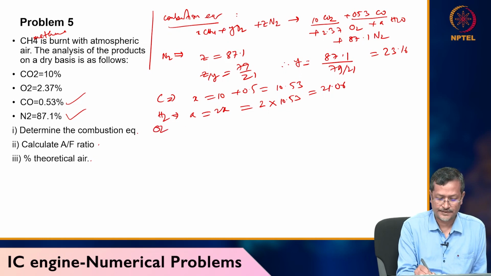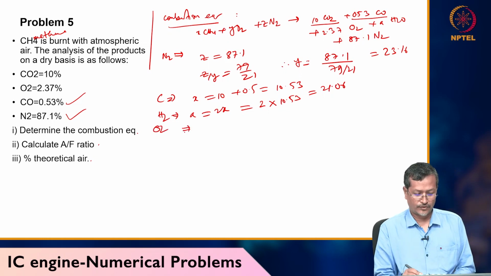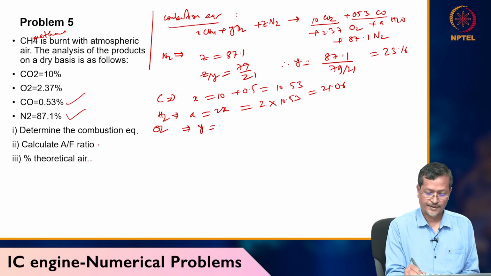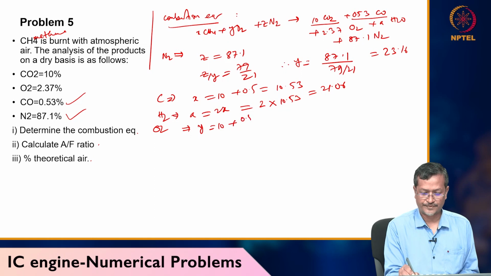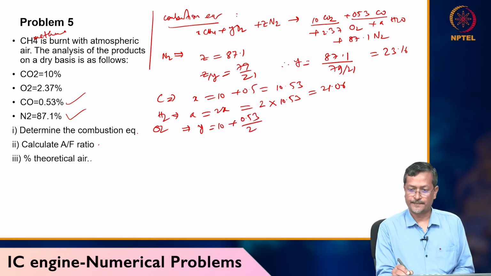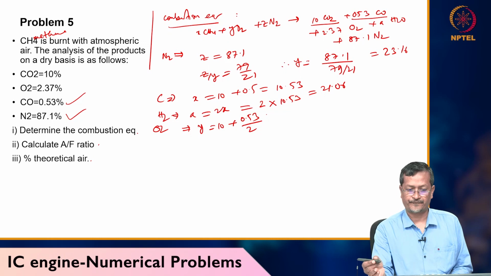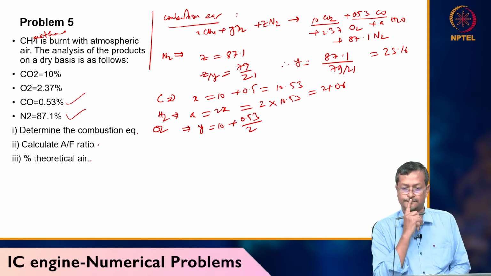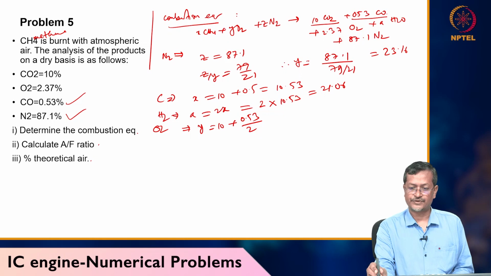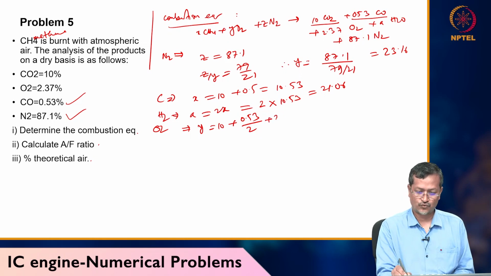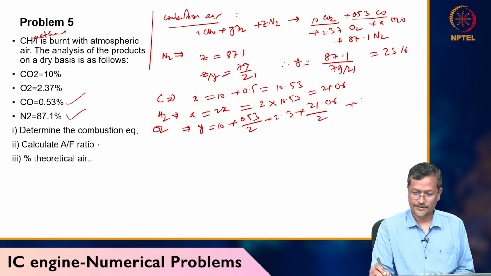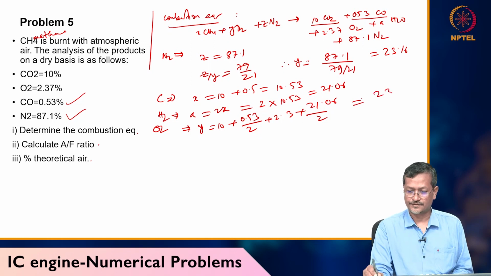Now the oxygen balance. All the unknown coefficients have been solved for, and now you have to balance oxygen. Y equals 10 plus 0.53 divided by 2 plus 2.37 plus 21.06 by 2, which gives 23.16, and this value is already coming here.